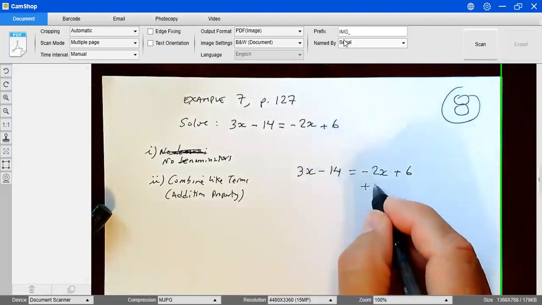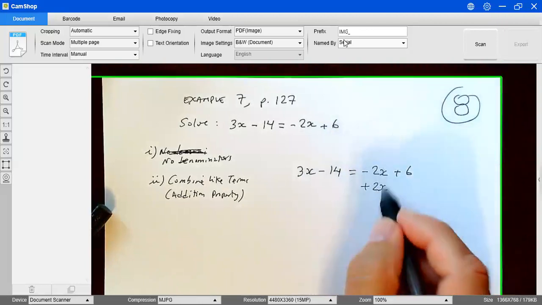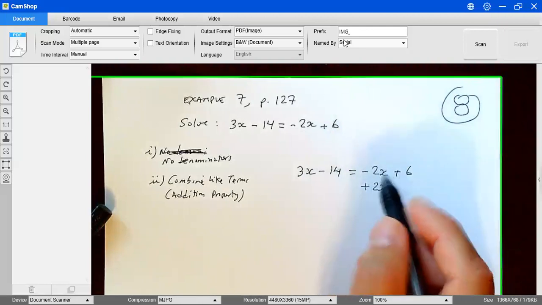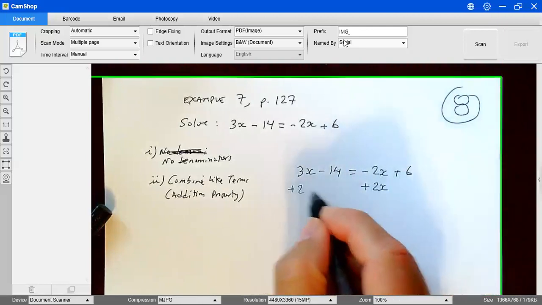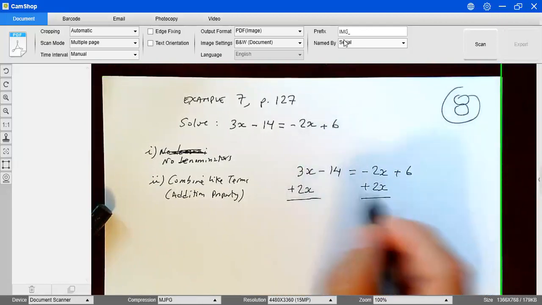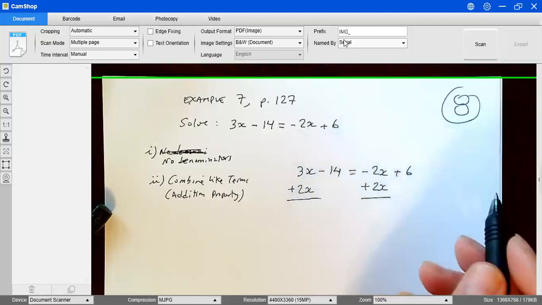So what I'm going to do is add 2x, because by doing that, I'm going to remove this linear term from the right-hand side, and it's going to show up on the left-hand side. That's the first step. I'm adding 2x on both sides of the equation because I want all the x's on the left-hand side.